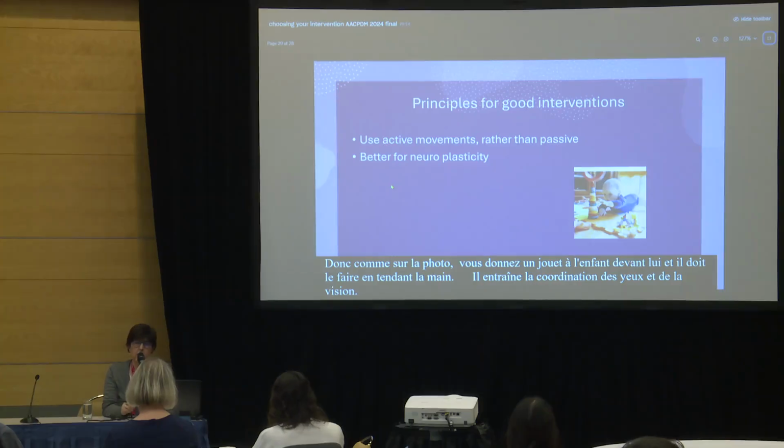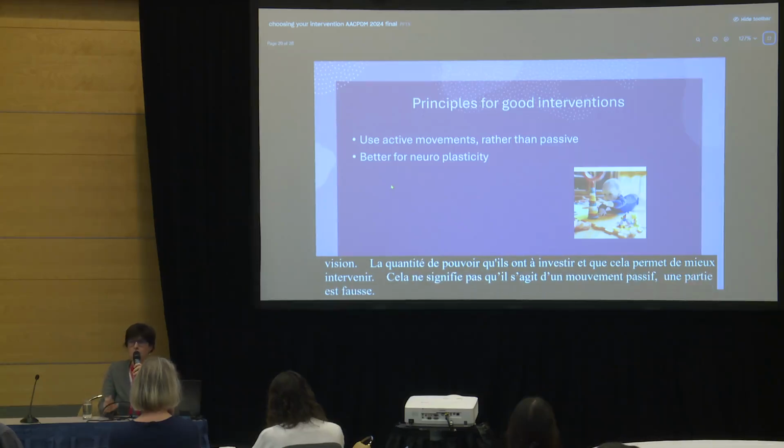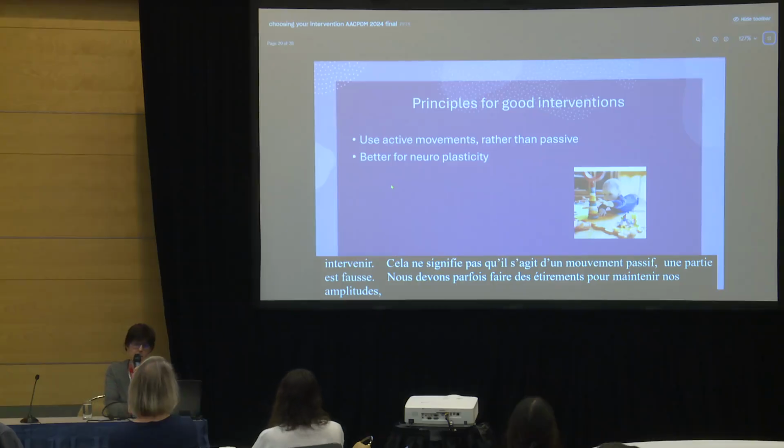It doesn't mean that a passive movement as part of it is wrong. We sometimes need to do stretching to still maintain ranges, but when we have functional goals and we want to get better, the active is much better, and we have also functional MRI to support that. That makes the huge difference.